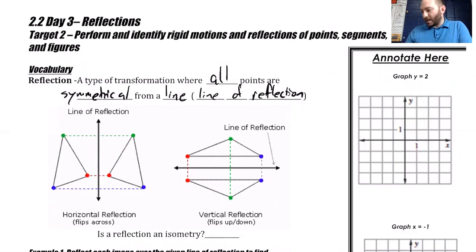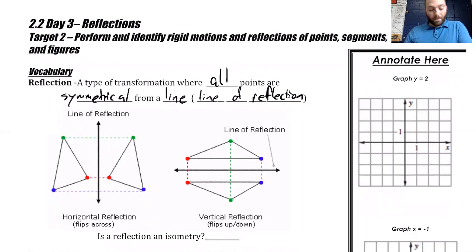Okay, so here's my line. Here's the reflection itself, a horizontal reflection because it's moving horizontally. You see how each point is symmetrical around there. What I mean is this distance and this distance are the same. This distance and that distance are the same, and that distance and that distance are the same as each other. So it doesn't really matter which way I went.